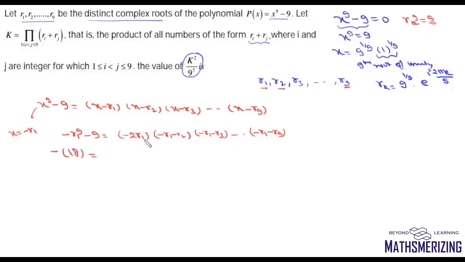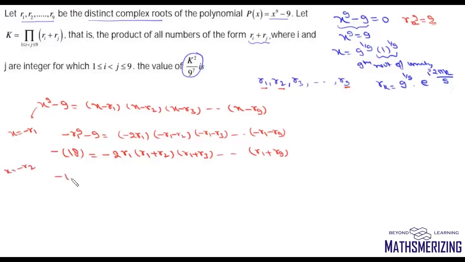And here, this is minus, minus, minus from all the 9 factors. So there will be minus, and then 2r1, and then r1 plus r2, r1 plus r3, and then r1 plus r9. Now we'll put x as minus r2.